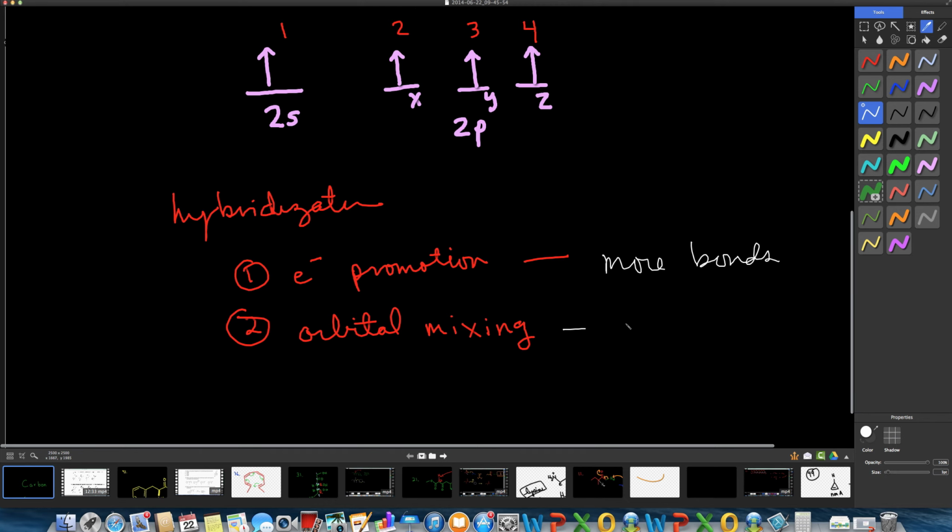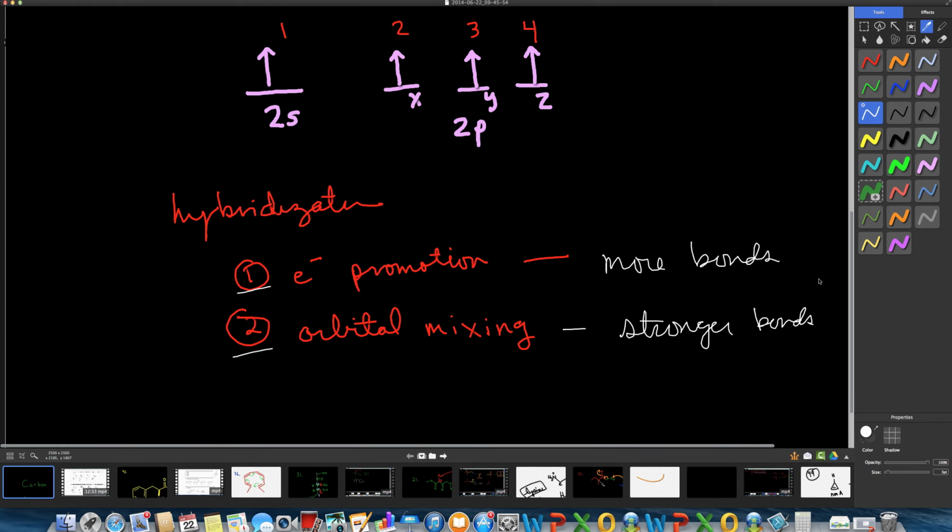And with orbital mixing, we can make stronger bonds. In other words, the initial energy that we input into the system is more than paid back. In fact, we end up earning an energy profit by making more bonds and by making stronger bonds. And in a separate podcast, I'm going to discuss how this hybridization process can be one of 3 ways for a carbon atom.